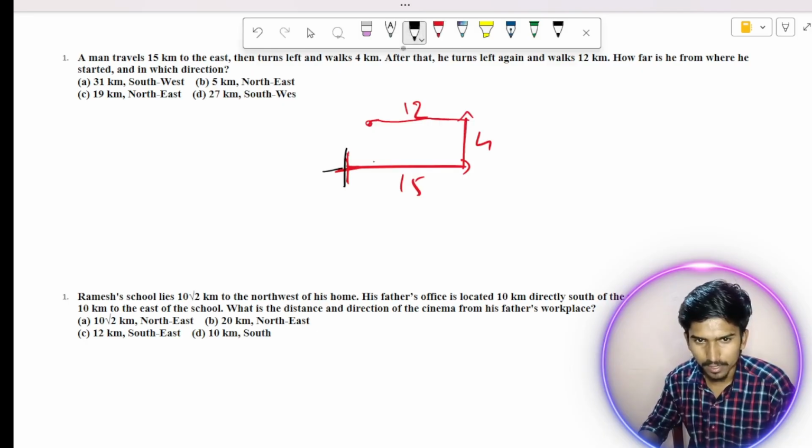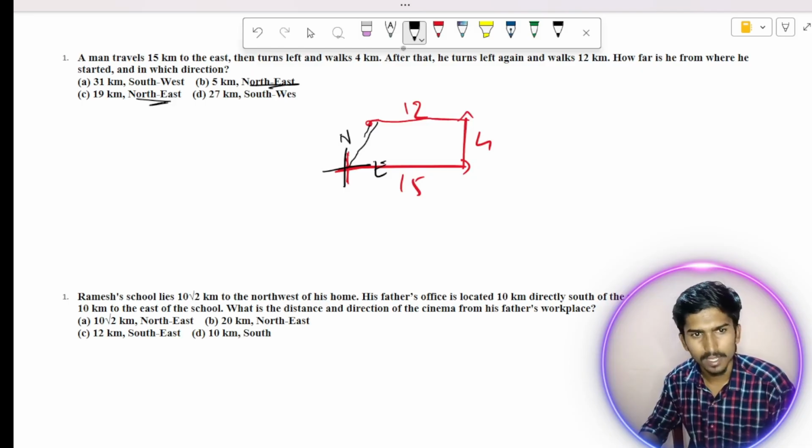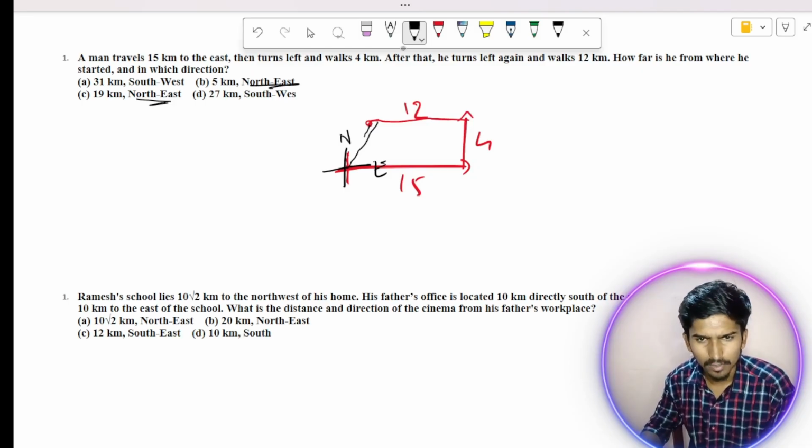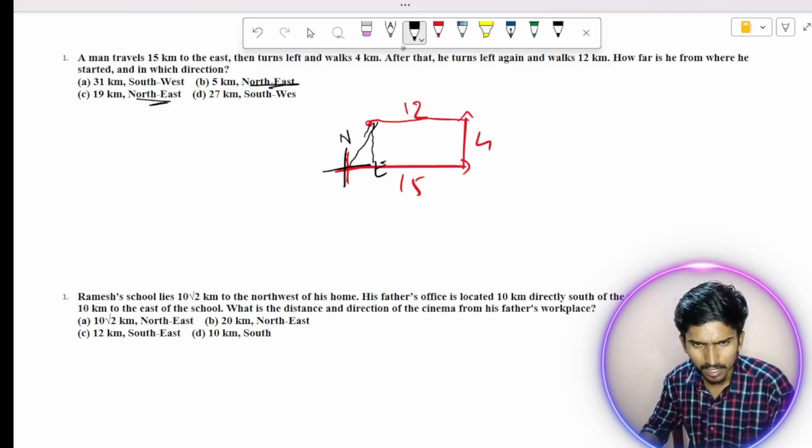First of all, we can find the direction. If this is north, this is east, it is here. So what is this? Northeast. Fantastic. We should find the distance. How can we find this distance? Just make a line here, extend the line here. We know this will become like a rectangle.